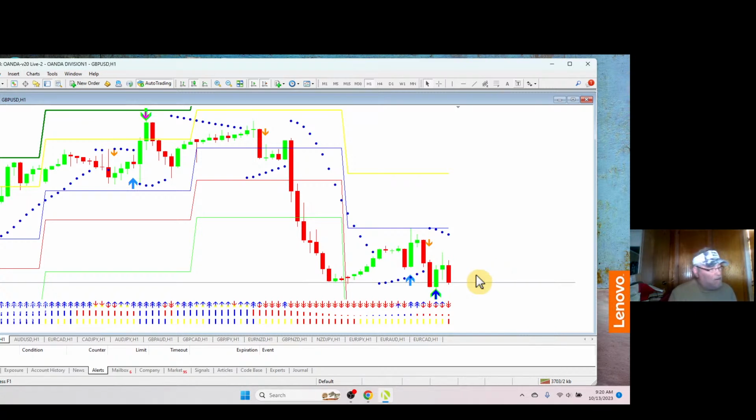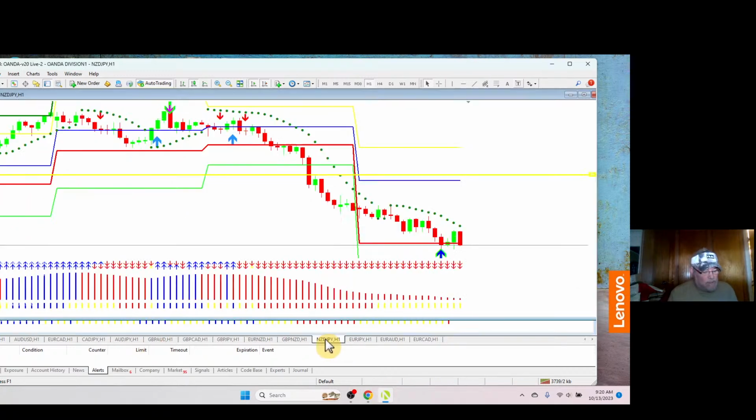Getting in there, let's see. Where was the other one? New Zealand yen. New Zealand yen.